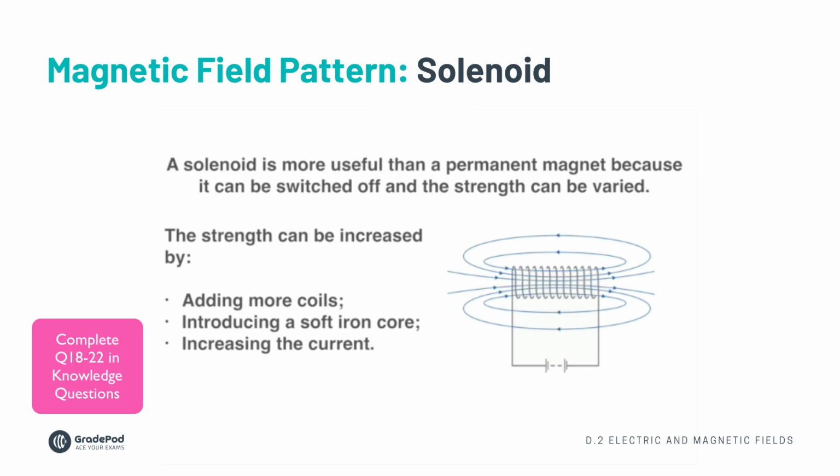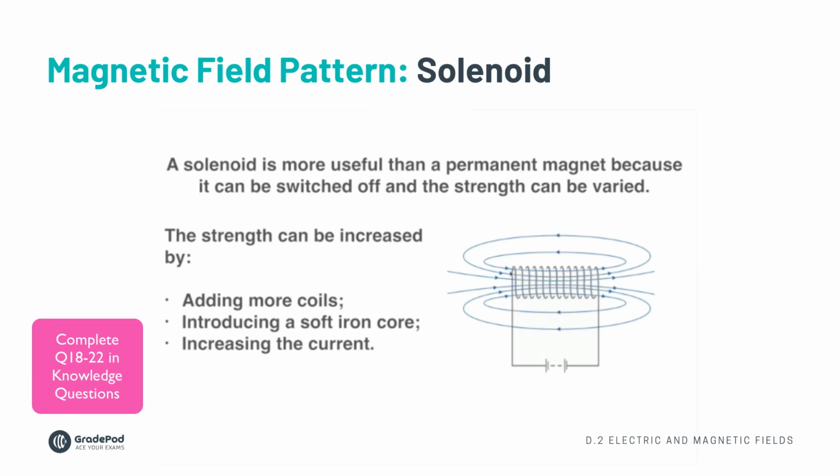Now we know how to find the direction of the magnetic field. There are a couple of other things that are important about a solenoid, and namely how we can increase the strength of the magnetic field. How can we make these magnetic field lines, more of them and closer together? Well, we can do so by increasing the number of coils in the solenoid.